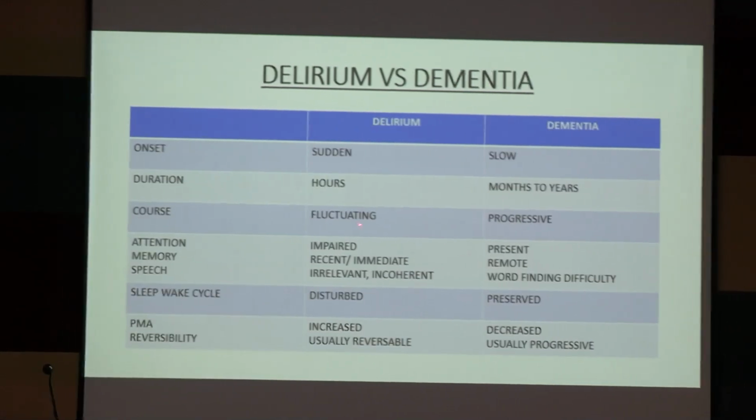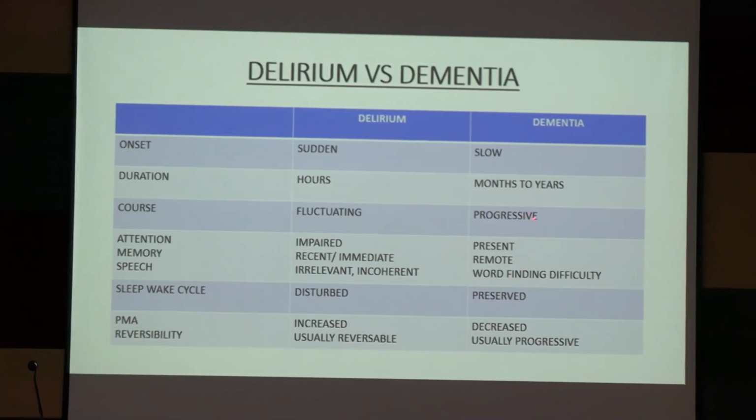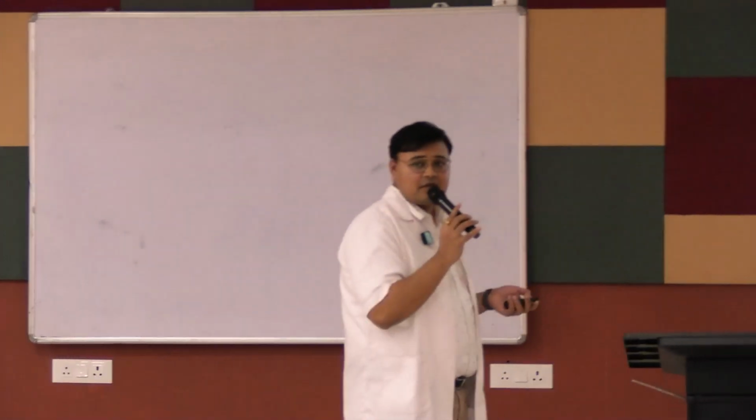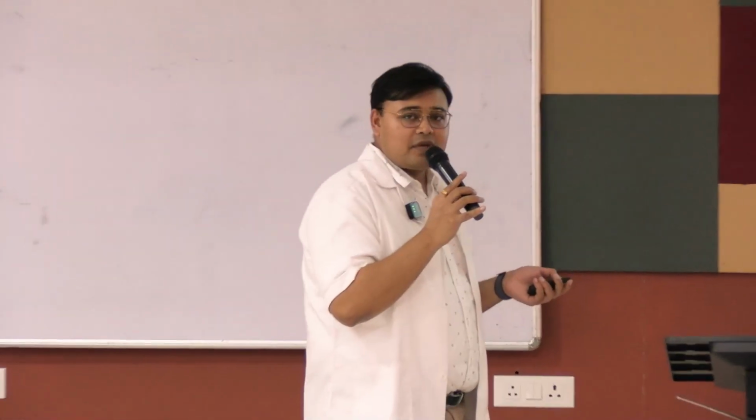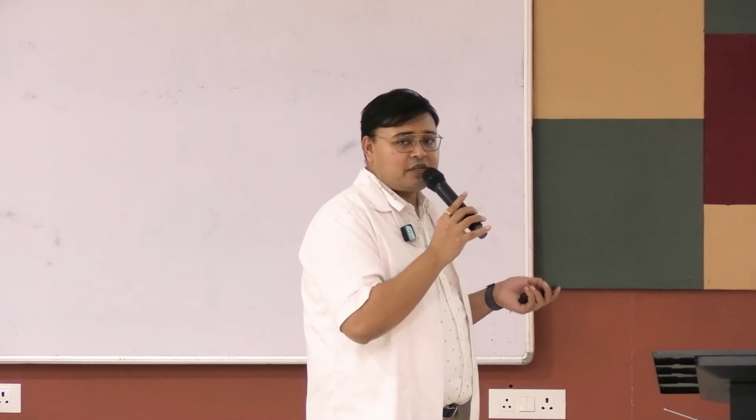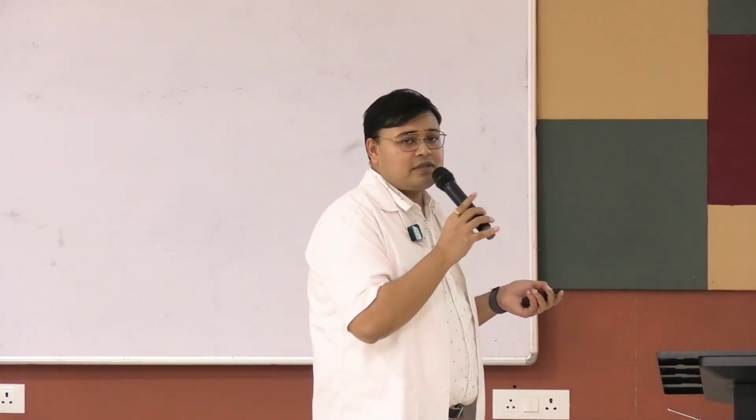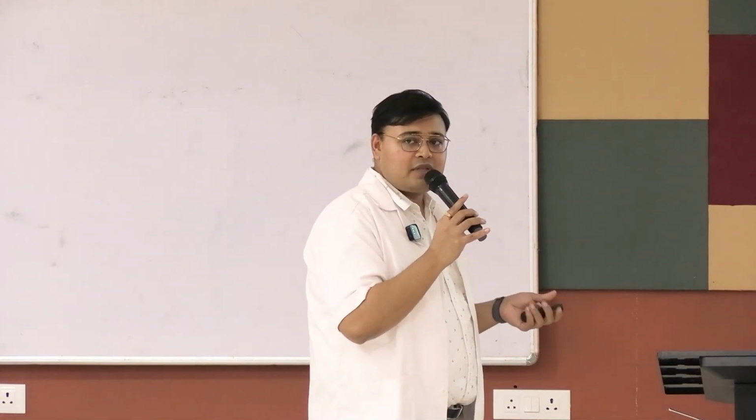Course is usually fluctuating, and in dementia it's progressive. Okay, fluctuating মানে মাঝে মাঝে পেশেন্ট একদম ভালো হয়ে যাবে, আবার মাঝে মাঝে ডিটোরিয়েট করবে. সো দিস ইজ ফ্লাকচুয়েটিং. আর এখানে একটা প্রোগ্রেস করবে, দিনকে দিন আরো মেমোরি লস হতে থাকবে.